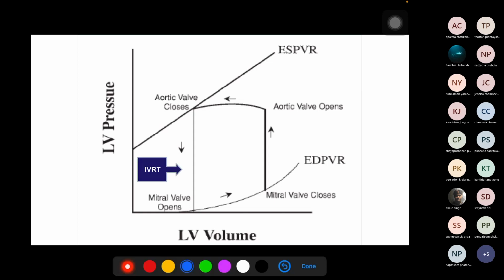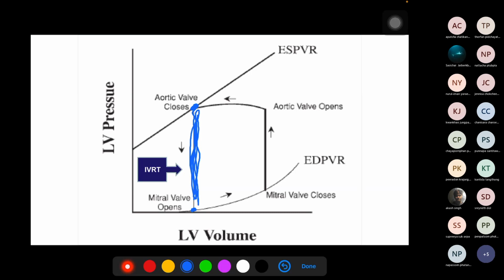Basically, during this phase the aortic valve is closed. You see the volume is not changed, but the LV pressure is dropped.